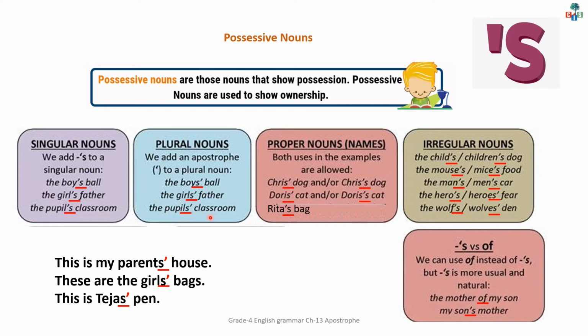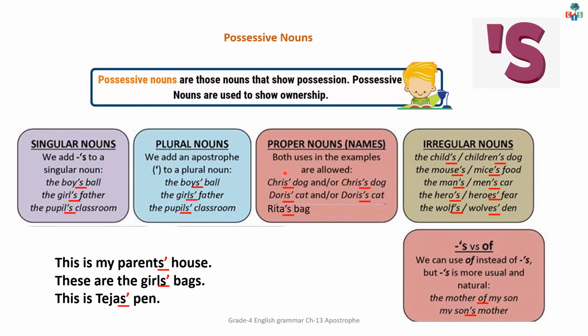The classroom belongs to many pupils. We are talking about many pupils, more than one. So you will insert an apostrophe mark after S. Understood? If we are talking about more than one noun, boy, boys. If we are talking about more than one boy, so you will insert an apostrophe mark after an S.